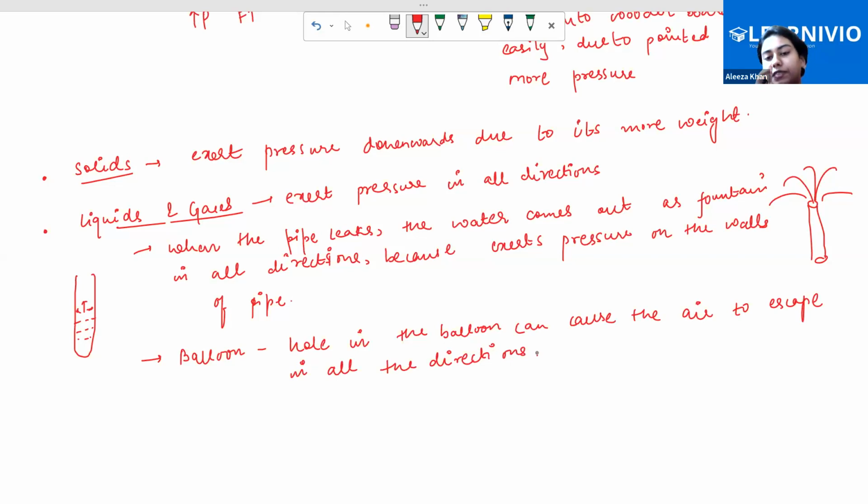These are the examples for the liquids and the gases.